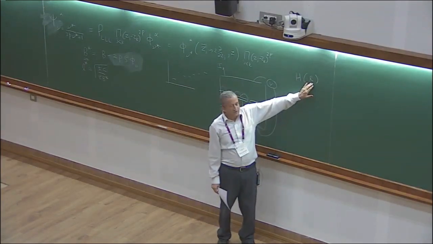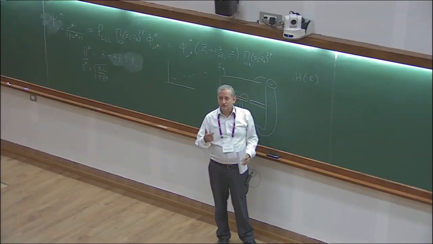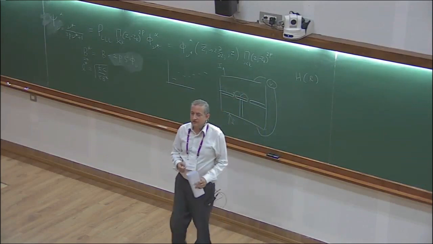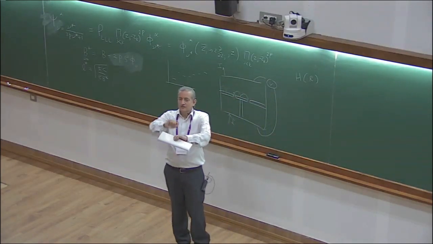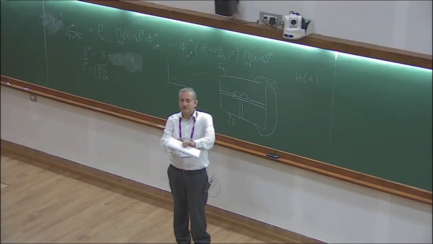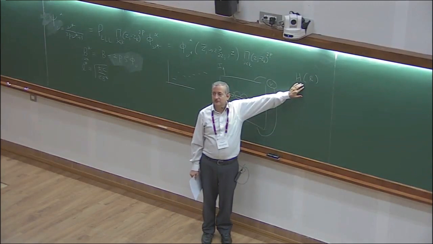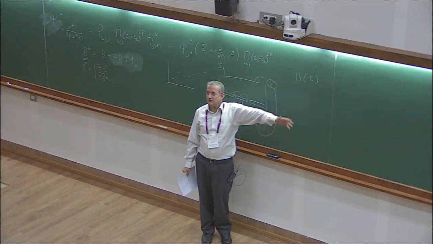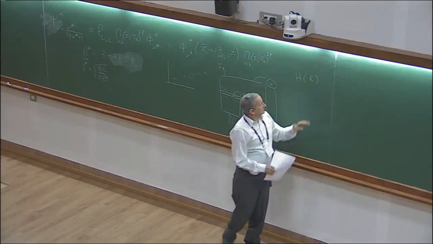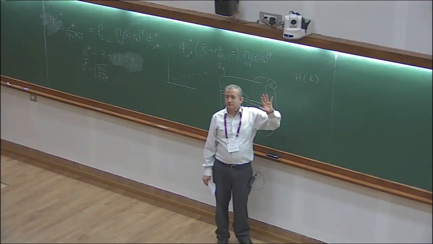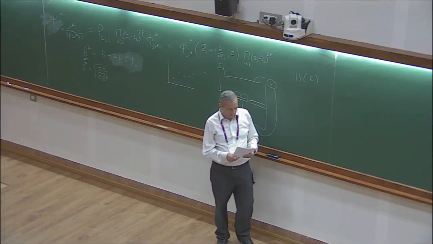And so I have a parameter space, and what I'm going to do is start with a wave function and then go around in the parameter space, so execute a loop in the parameter space and ask what is the phase that the wave function acquires after a full loop. Let's first forget about time dependence. Let's solve the time independent problem.